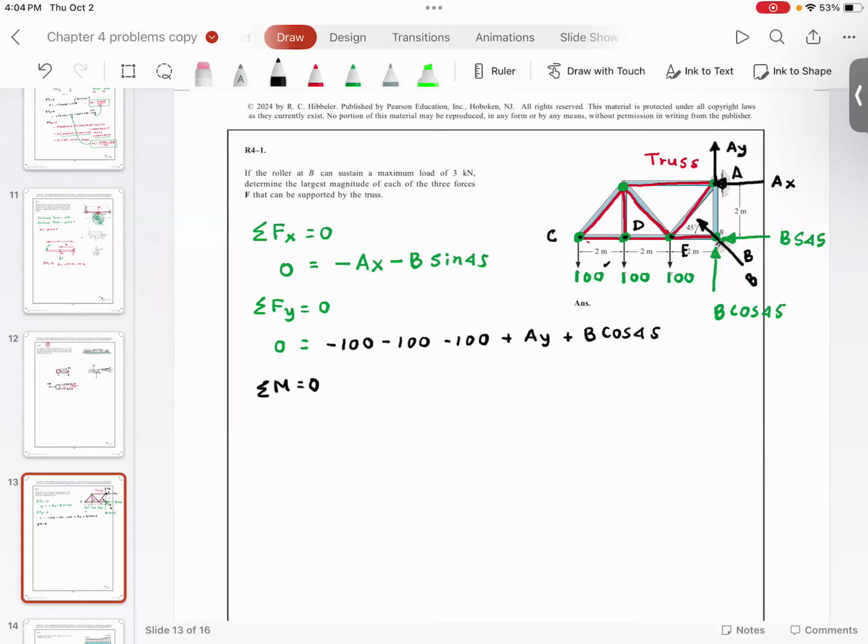I don't have to worry about the moment of AX and AY. If I take moment about B, then B cosine 45 and B sine 45 cancel out. So it doesn't matter whether I take moment about A or B. The maximum number of forces I can cancel out is two. Tell me, where should I take moments?